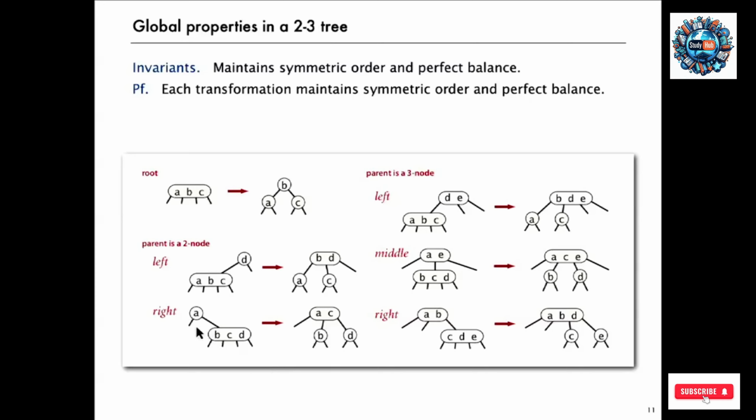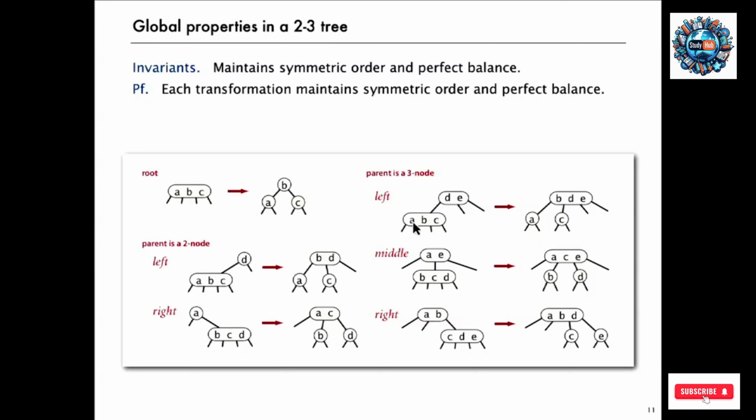And that's true in every case. If the 3-node is at the right, then this one is 1 higher and those 4 are 1 lower, and afterwards it's the same. If there was perfect balance before, there's perfect balance afterwards, because we didn't change the height of any nodes. We just moved things around locally within nodes.